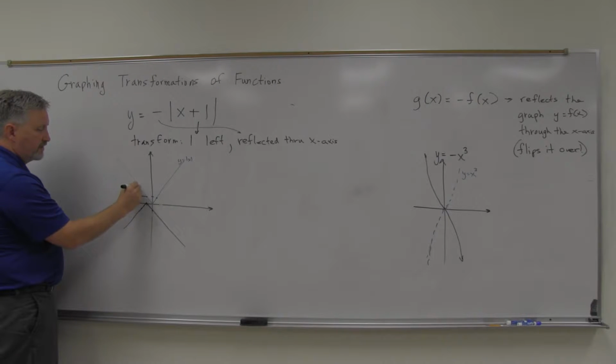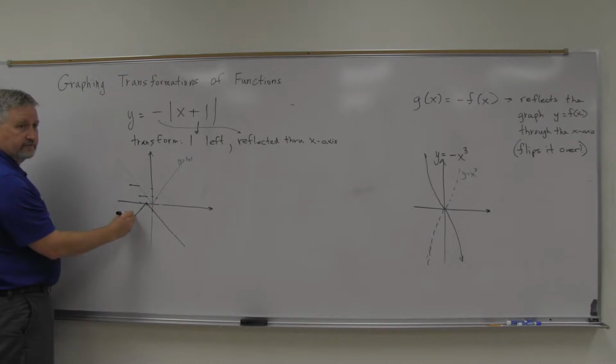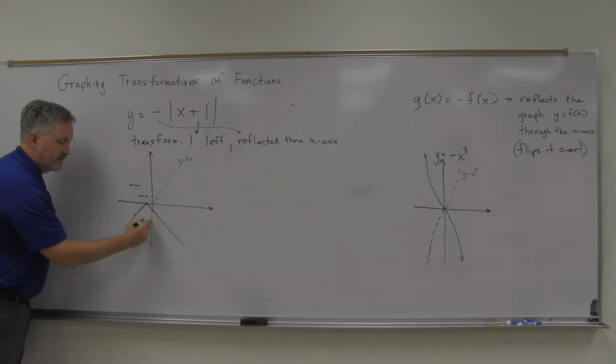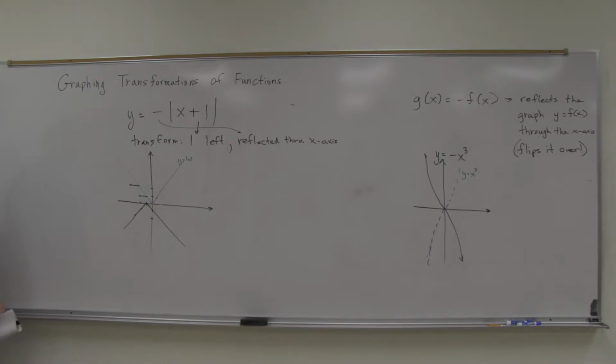This point, just to follow another one, this point's at 2, 2. If I move it one to the left, it's still at 2, but now it's -2. So that's what the flipping over will do for it. It just changes that y value to its opposite, from +2 to -2 on the flip side there. Okay? Question or concern?